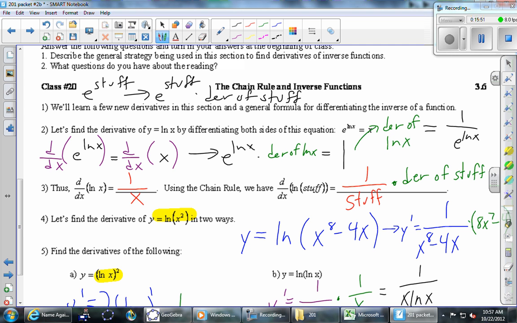Do we see it? And now we're going to replace, this is 1 over, what is e to the ln of x? It's x. So the derivative of ln of x must be 1 over x.